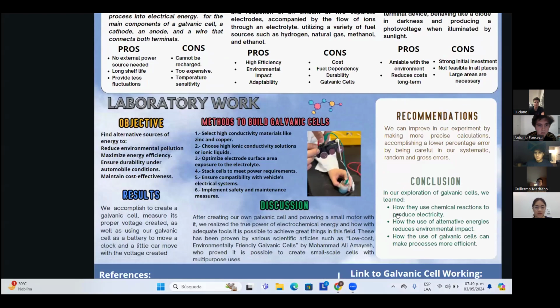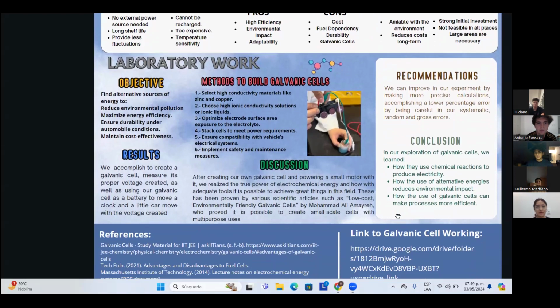So for our laboratory work, we can separate our process into 4 steps. The first one is the objective, in which we find alternative sources of energy: first, to reduce environmental pollution, because that's a problem affecting us these days, and we can consider it a global problem.